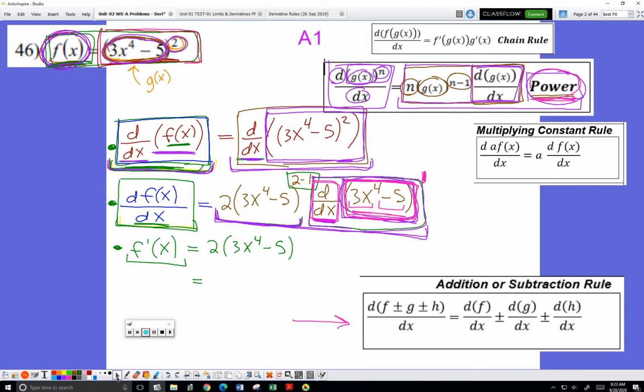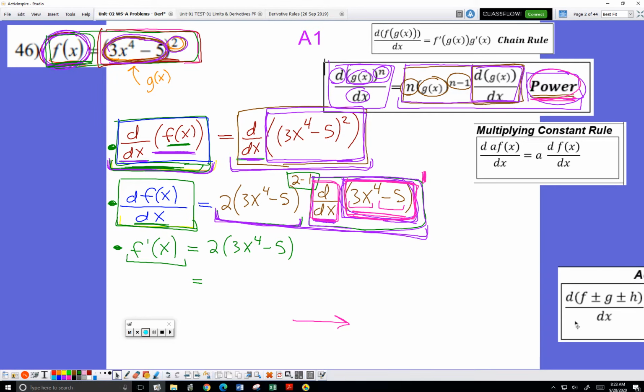Let's pull this out of the way. Okay, let's see. So, now make sure you maintain the multiplication here. This is 2 multiplied by 3x to the 4th minus 5, multiplied by whatever this is.